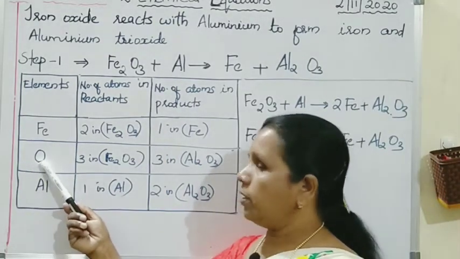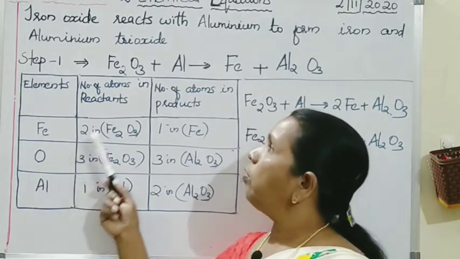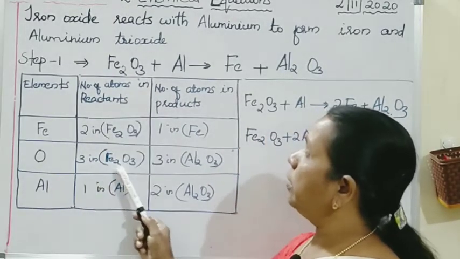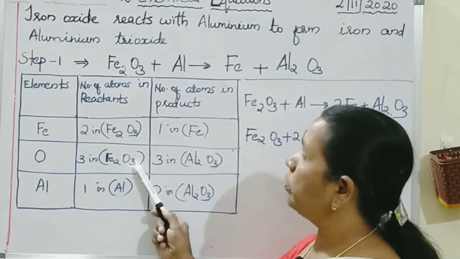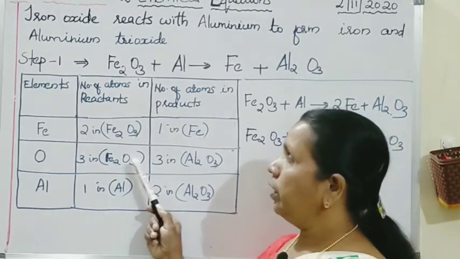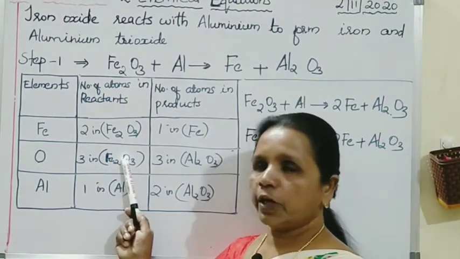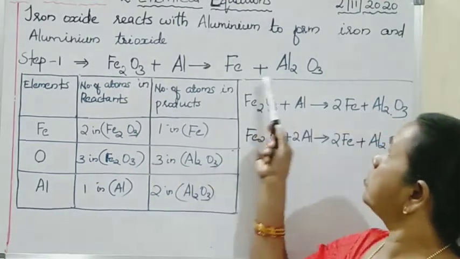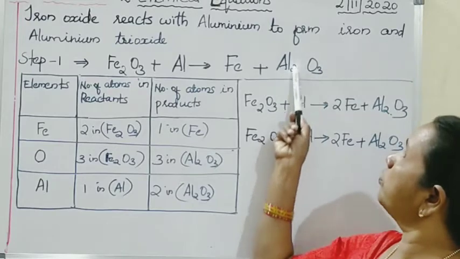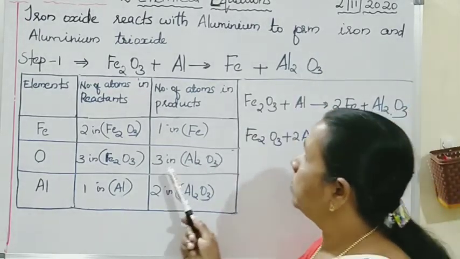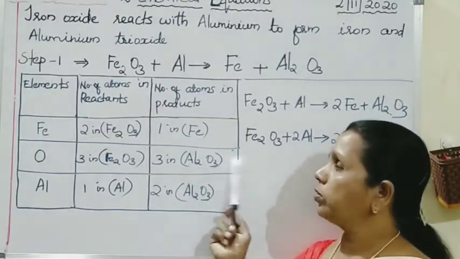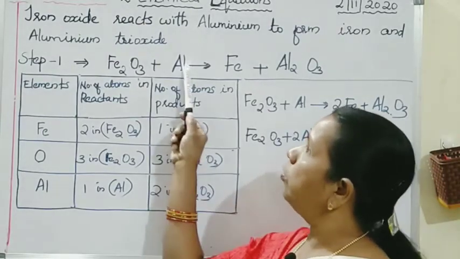Next element, oxygen. In Fe2O3, O3 means 3 atoms of oxygen, therefore we wrote 3. Understood? Next, in Al2O3 also we have 3 oxygen atoms. Next we go to aluminium.